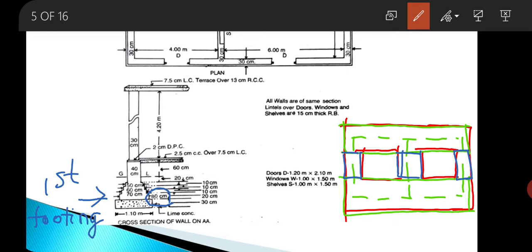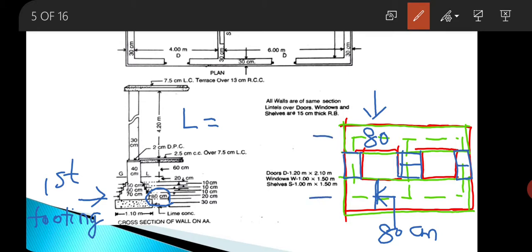As we have drawn the plan at the level of first footing, the width of the wall on all the sides will be 80 centimeter. This side it is also 80, this one is also 80. So, first we will go for the length calculation.